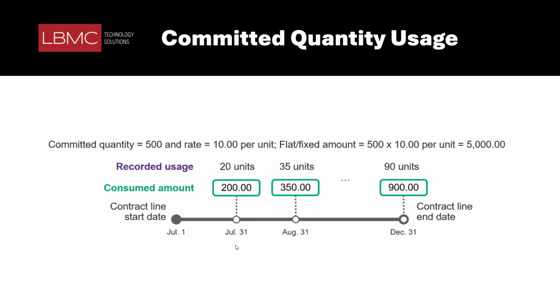Again, this is the only type for usage billing, committed quantity, where we can tell the system to recognize revenue according to the date of the usage. That's just the way it's configured in the system.